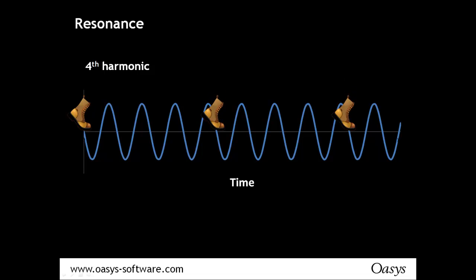We tend not to analyze beyond the fourth harmonic, because it's very difficult for a person to actually walk with that regularity of step to cause resonance beyond the fourth harmonic. In fact, the effects of these harmonics have less influence as you go up the frequencies.